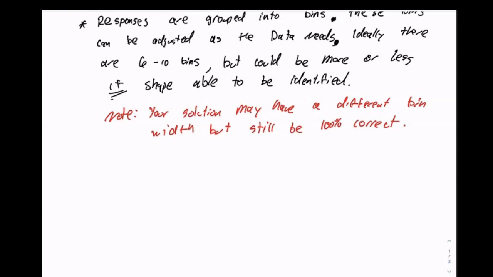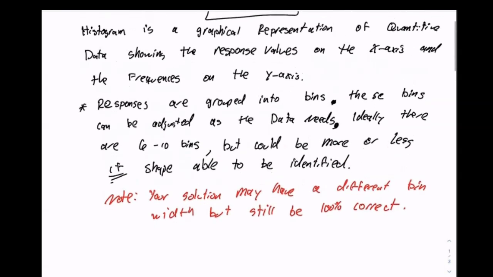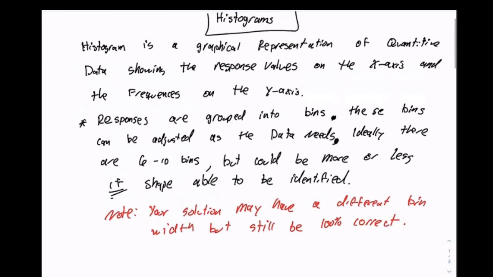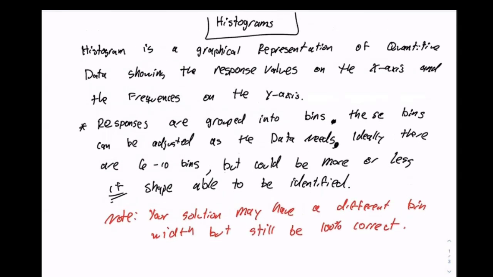But what I want as you're writing this information down is a couple of pieces. When we want to see the shape of quantitative variable data, oftentimes the histogram is one of the best ways to see shape. Yesterday's problems I gave you histograms. I didn't draw them; those are all sketches of histograms. They were sketches because they did not explicitly label the x and y axes, what the values were, what the frequencies were, or what the response values were.